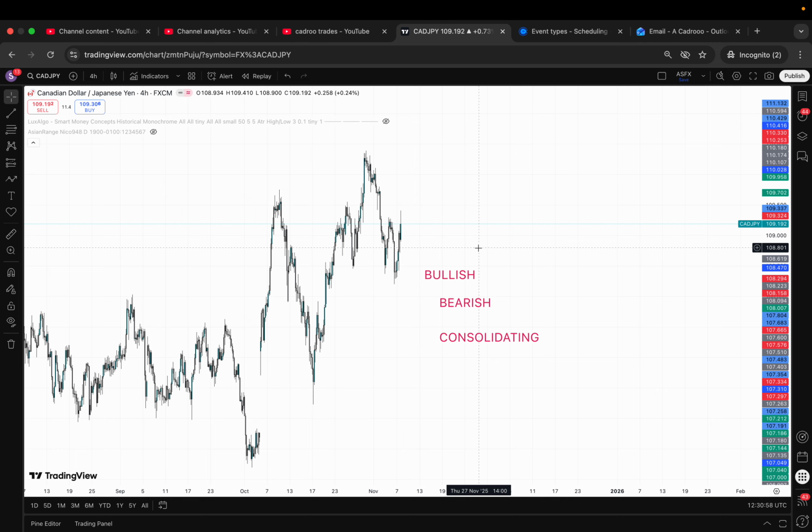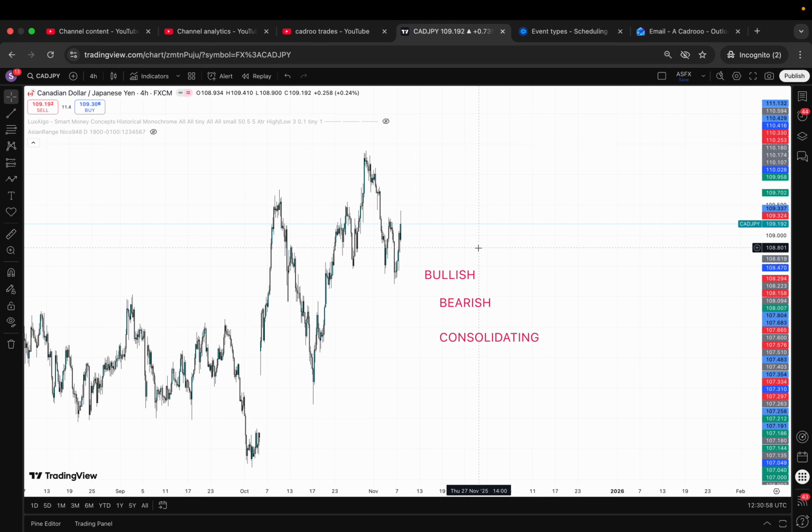The market is going to go up in the form of series, and these series are called higher highs and higher lows in a bullish market. Let me say this again, guys, so you can understand.